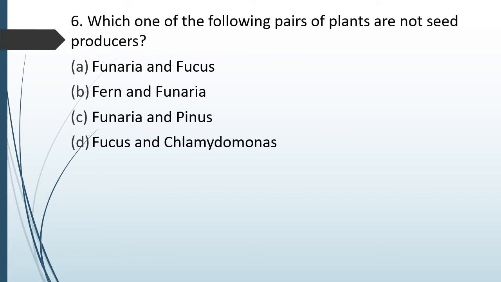Which one of the following pairs of plants are not seed producers? Option A, Funaria and Fucus. Option B, Fern and Funaria. Option C, Funaria and Pinus. Or option D, Fucus and Chlamydomonas. Which one of the following pairs of plants are not seed producers? The correct answer is option B, Fern and Funaria.